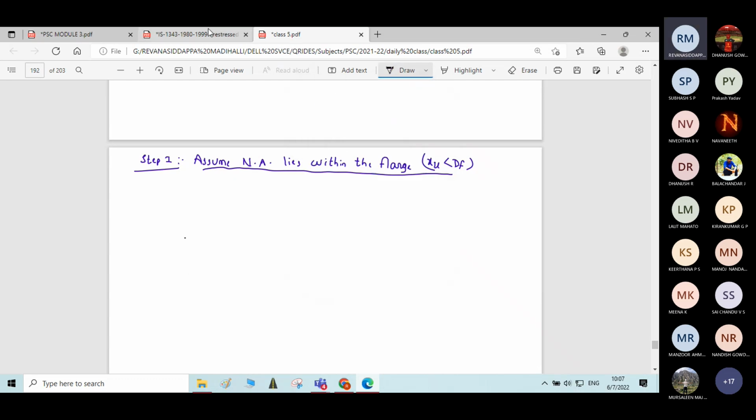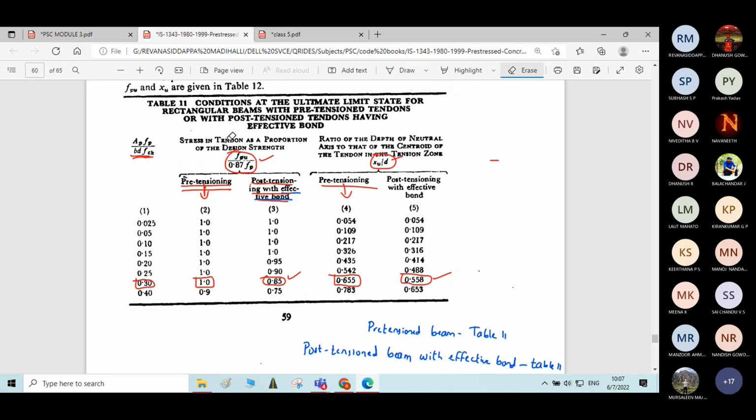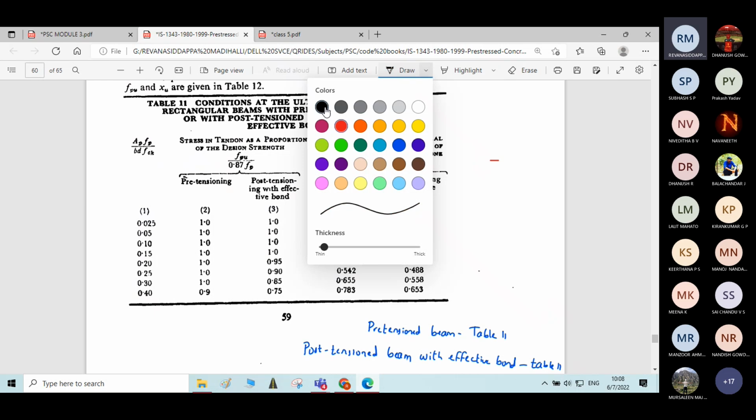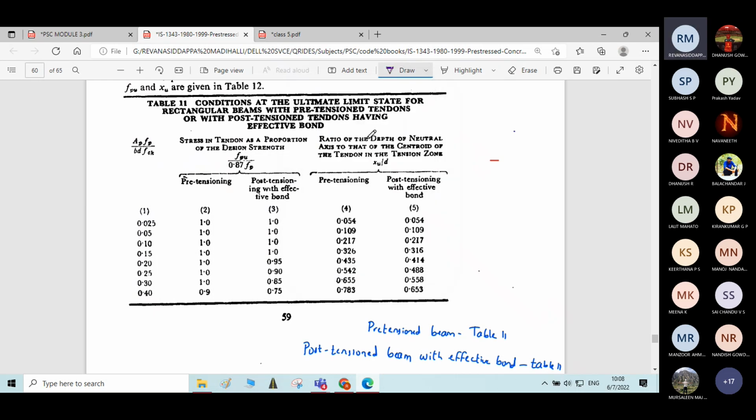Okay. Now what we have done is we have assumed that the depth of neutral axis lies within the flange.